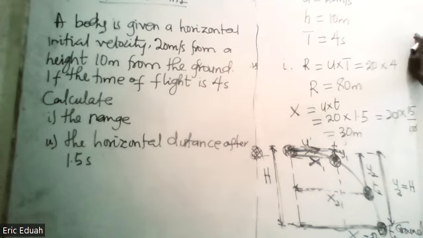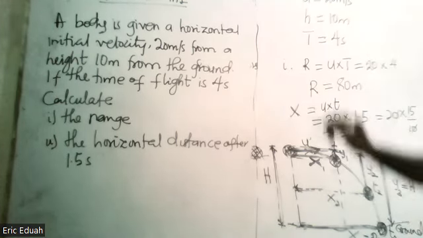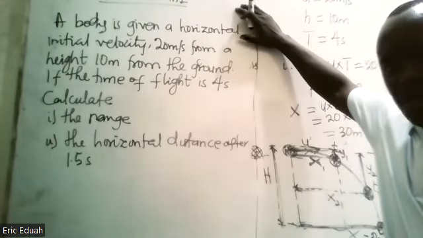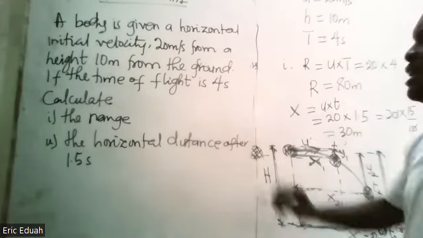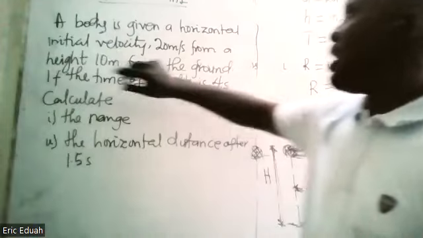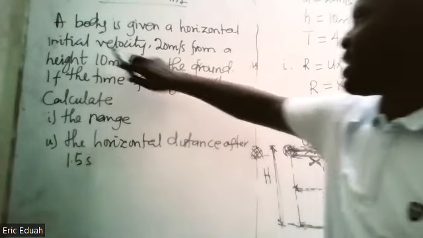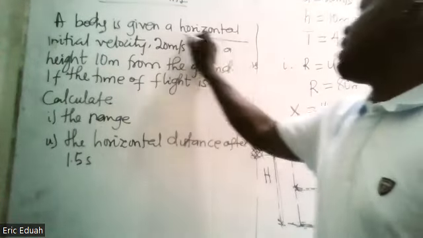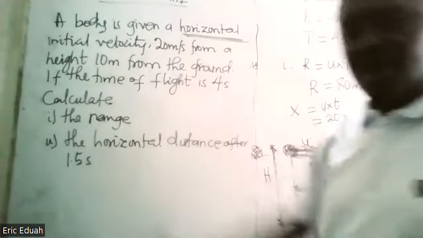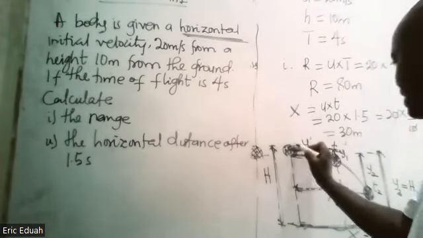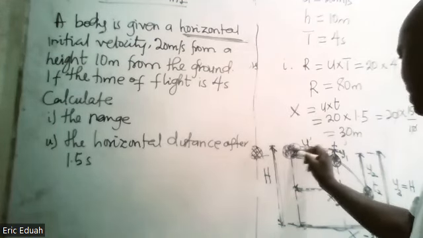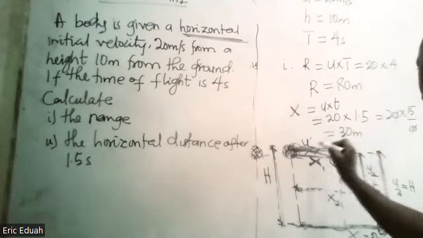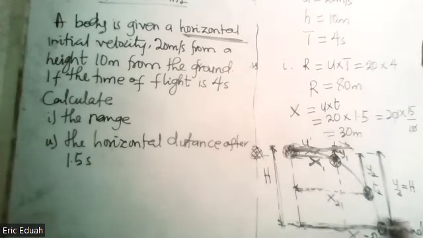Yes, please. All right. Now, how do you identify whether this is one-dimensional projectile motion or two-dimensional projectile motion? What helps you in such a situation is that a body is given a horizontal initial velocity. Once it is given a horizontal initial velocity, it means the initial velocity given to it is purely horizontal, parallel to the ground.